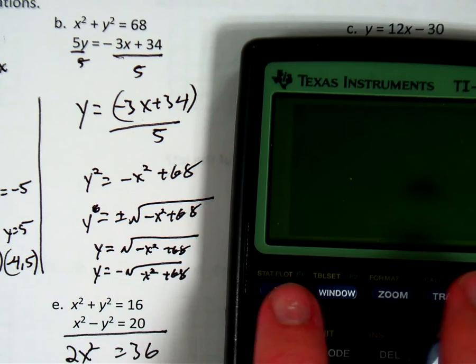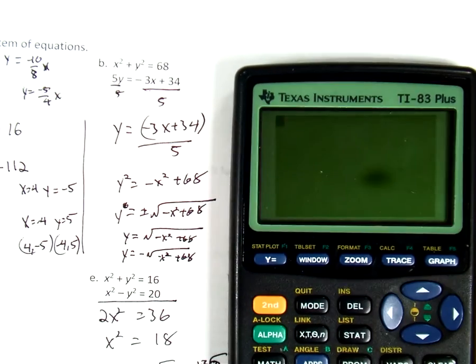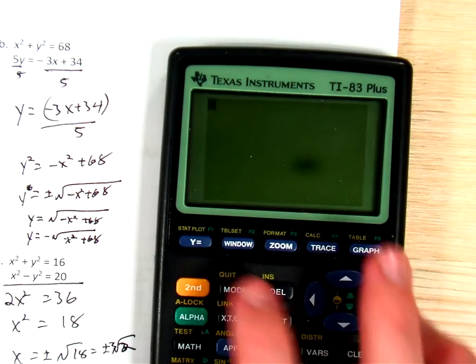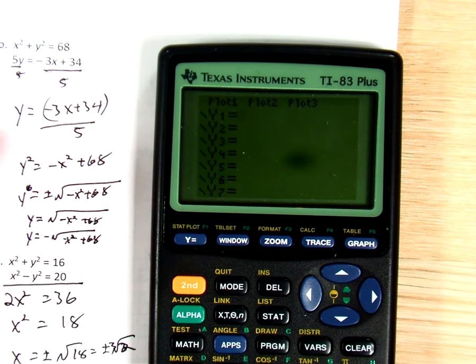Okay, so in my y equals, we're going to have parentheses negative 3x plus 34 parentheses divided by 5.